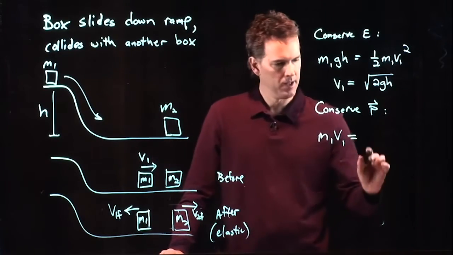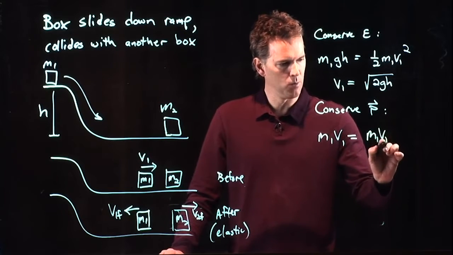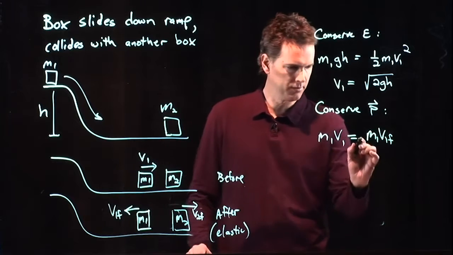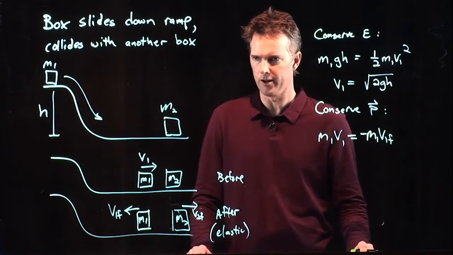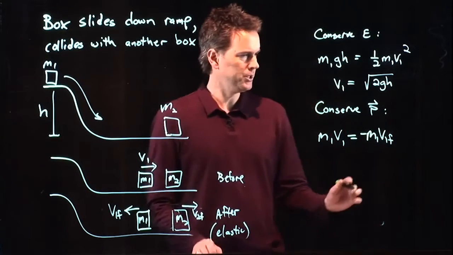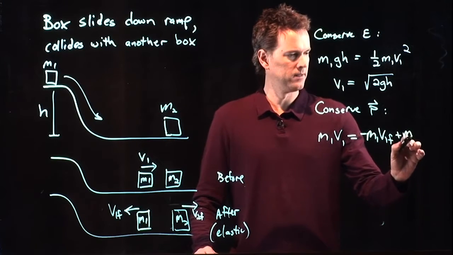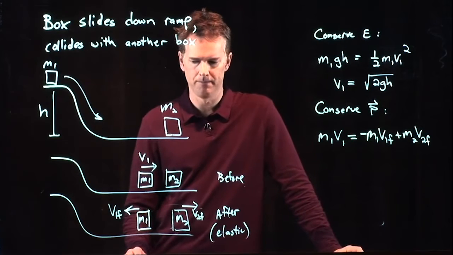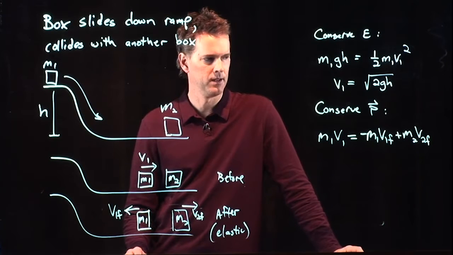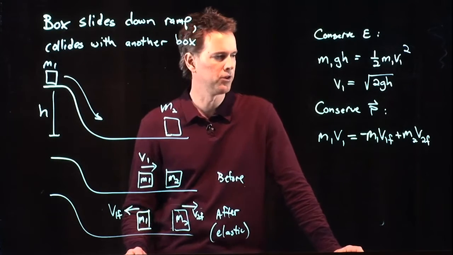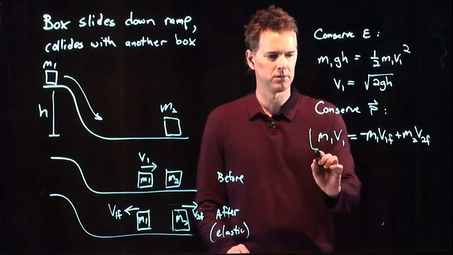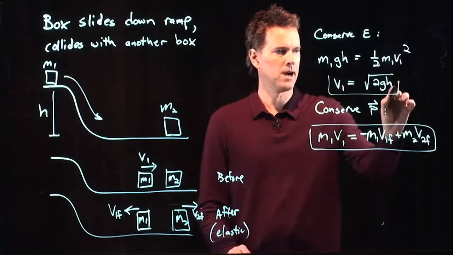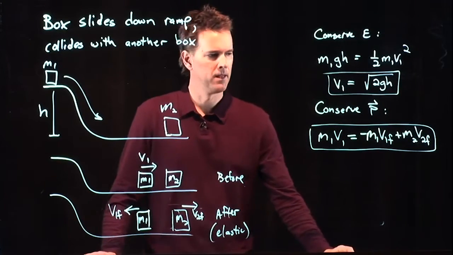We have m1 v1f, but that's moving to the left in our picture, so we need a minus sign right in front of it. m2 is moving to the right, and so that has a plus sign on it. Okay? And so we are going to conserve momentum. Let's put a box around this equation. We will box up our former equation.